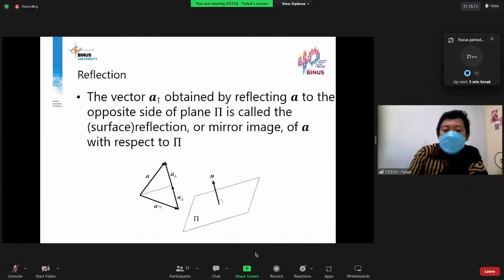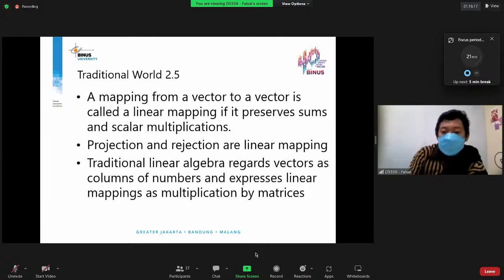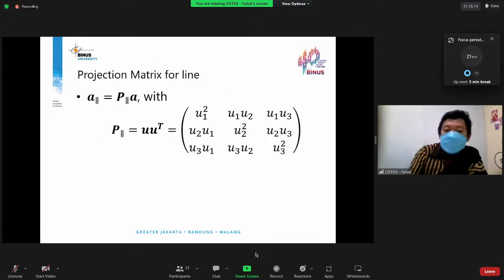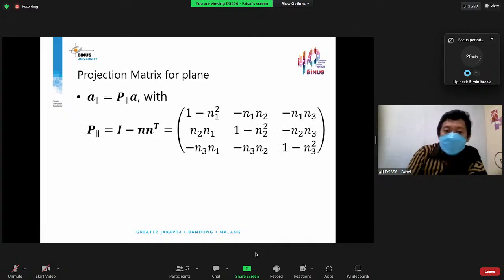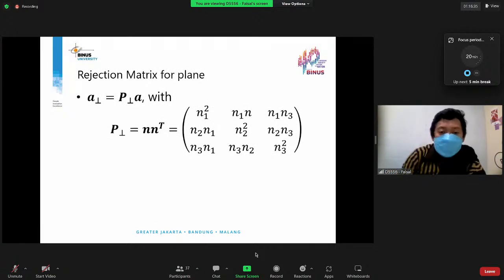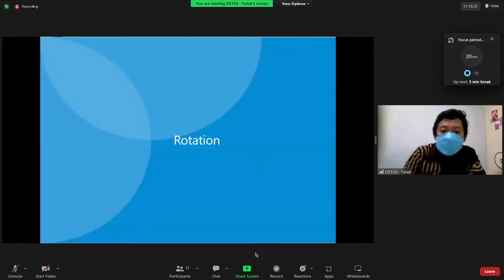So the projection on the plane is also a linear mapping, also a linear transformation. So it has a transformation matrix. This is the projection matrix for the plane. This is the rejection matrix and the reflection matrix.